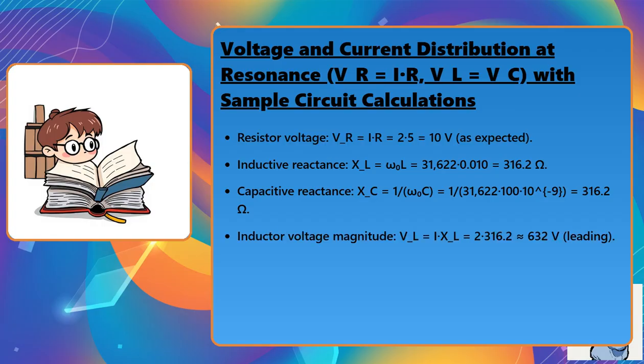Inductor voltage magnitude, V sub L equals I times X sub L equals 2 times 316.2, approximately 632 volts, leading. Capacitor voltage magnitude, V sub C equals I times X sub C equals 2 times 316.2, approximately 632 volts, lagging.